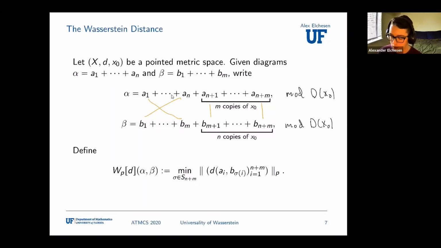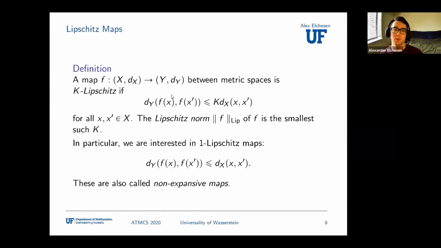So, right, I want to, in this setting, describe a universal property for this framework, for pointed metric spaces and the Wasserstein distance. So before I do that, I just want to remind you about Lipschitz maps and some notation that we use for them. So a Lipschitz map between two metric spaces.